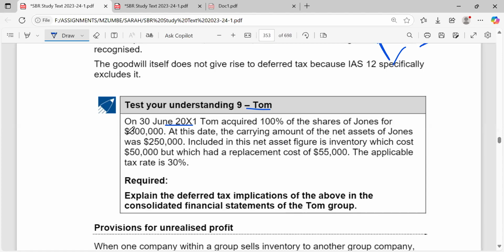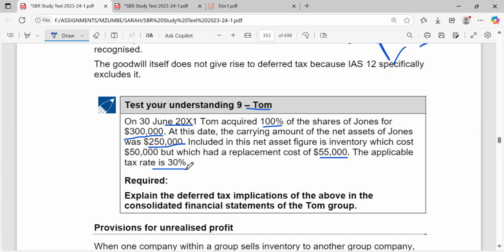This is the purchase consideration, and with 100%, there was no non-controlling interest. At this stage, the carrying amount of the net assets of Jones was 250,000, and included in this net asset figure is inventory, which cost 50,000 but had a replacement cost of 55,000. So inventory has a different fair value. The applicable tax rate is 30%.